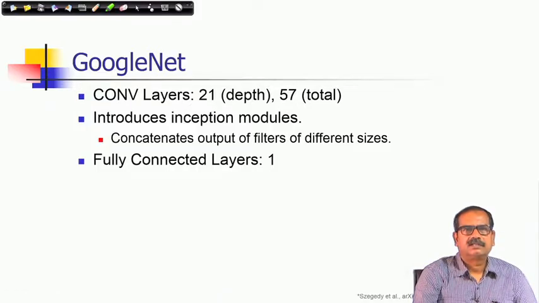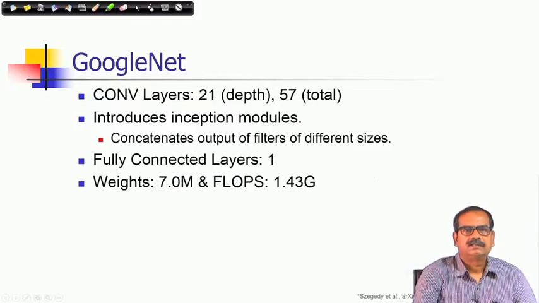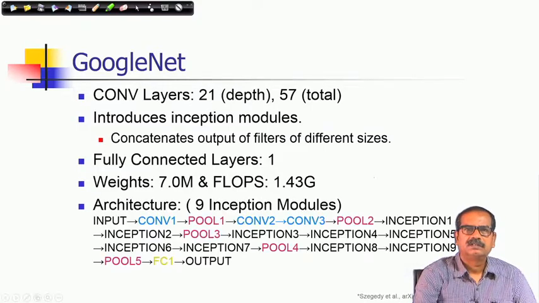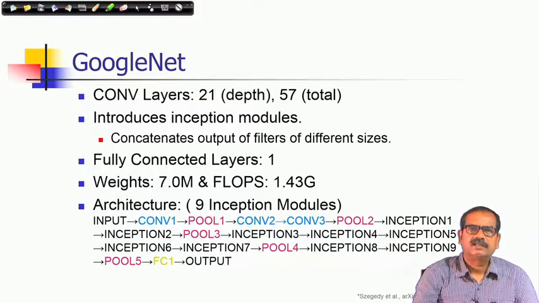It has only one fully connected layer, its number of weights is 7 million, and the number of floating point operations is 1.43 billion. In the example architecture, there are 9 inception modules as I mentioned. There are 3 convolution layers and 2 pooling layers, but after that you can see inception layers, again with pooling of inception layers.